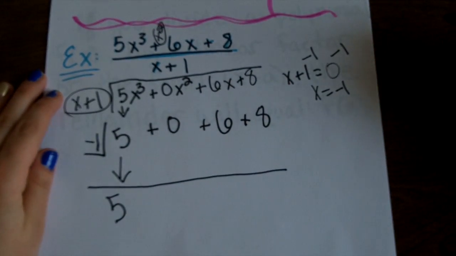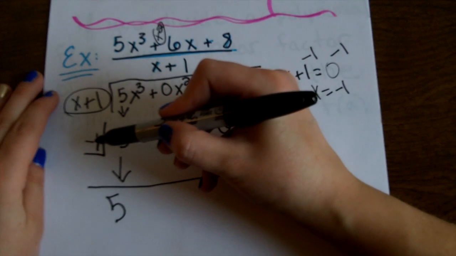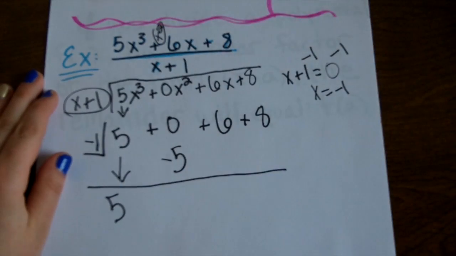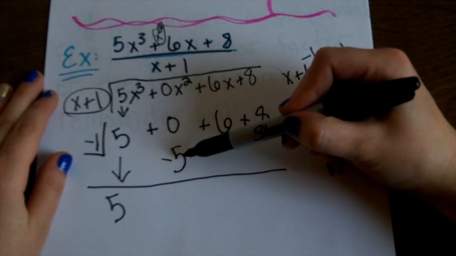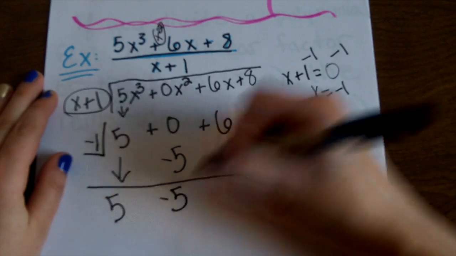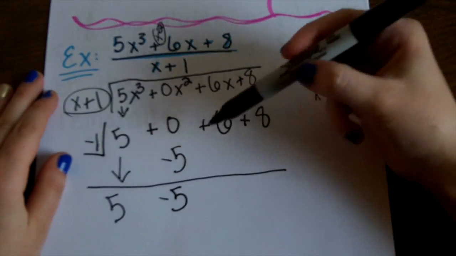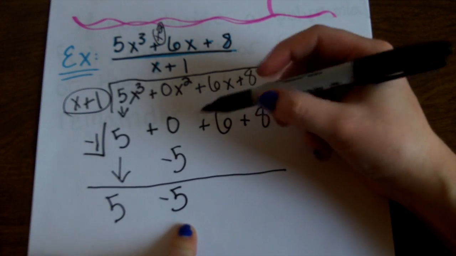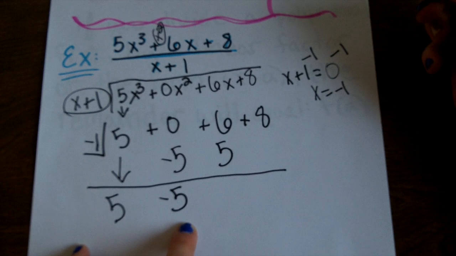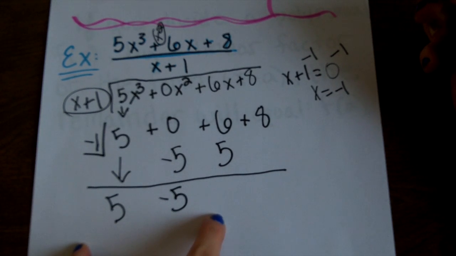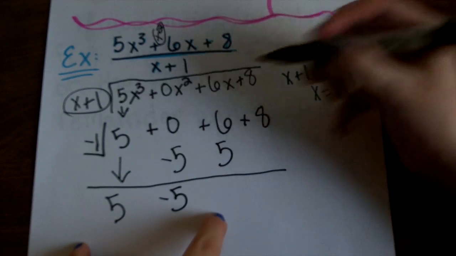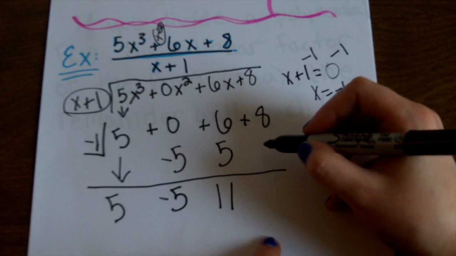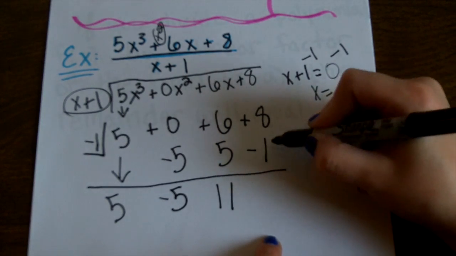And then what we do next, if you remember, we bring the 5 down, so we have a 5 at the bottom, and then we're going to multiply 5 by negative 1 and get negative 5. Now we add 0 plus negative 5 and we will get negative 5 again, and then we will put the negative 1 times negative 5 and we'll get positive 5. 5 plus 6 is 11, and then 11 times negative 1 is negative 11.